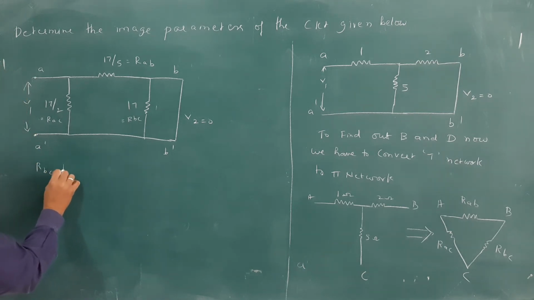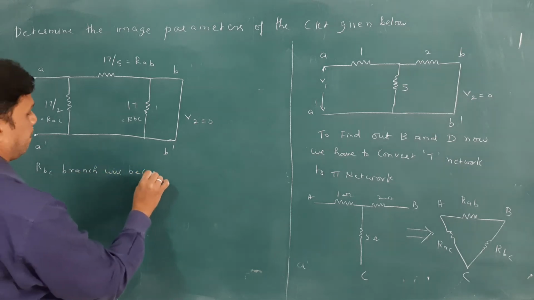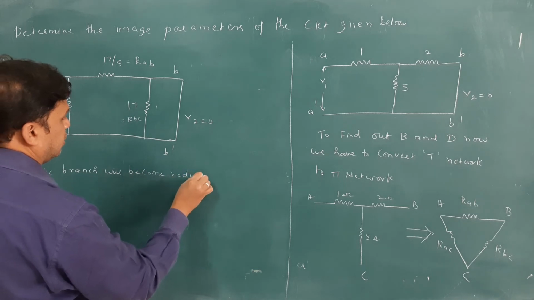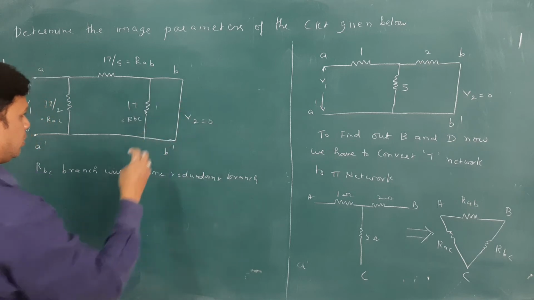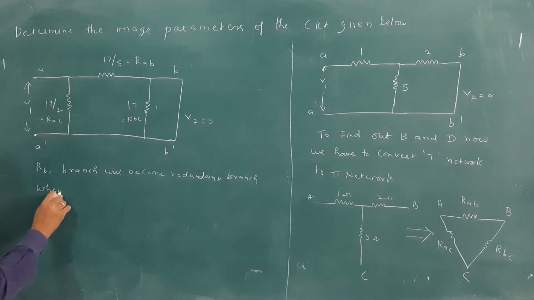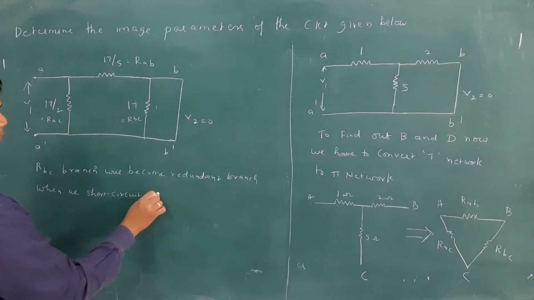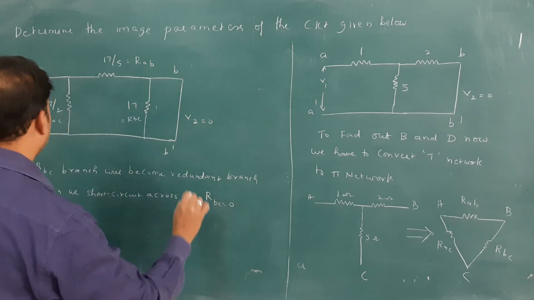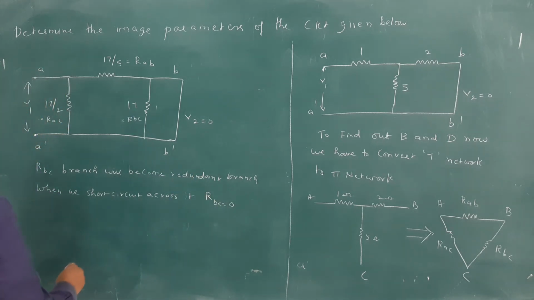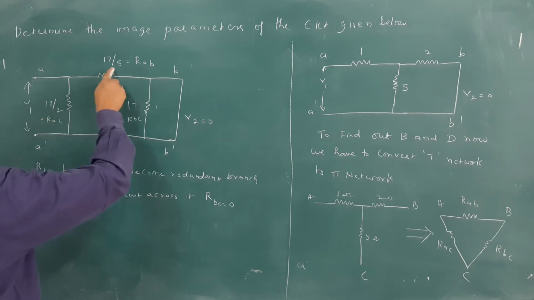RBC branch will become redundant when we short circuit across it. So RBC is equal to 0. So we can treat RBC as 0, and therefore we will be having here only this particular thing, 17 by 2, 17 by 5, and this short circuit.